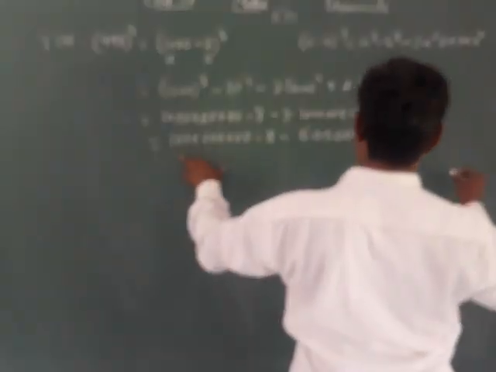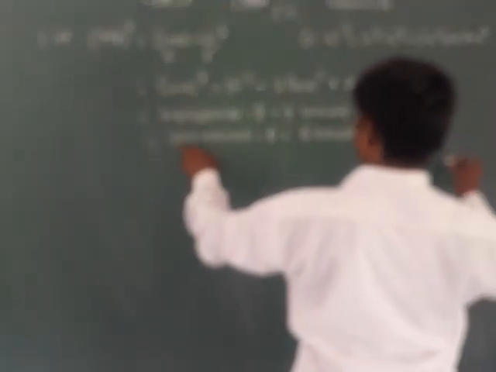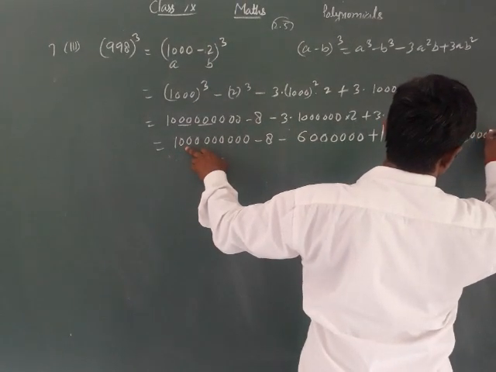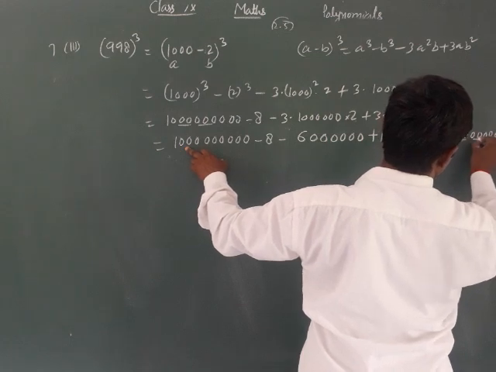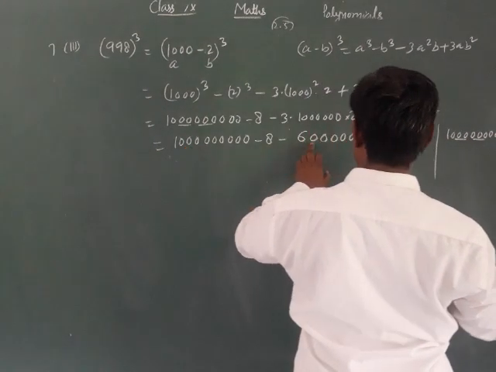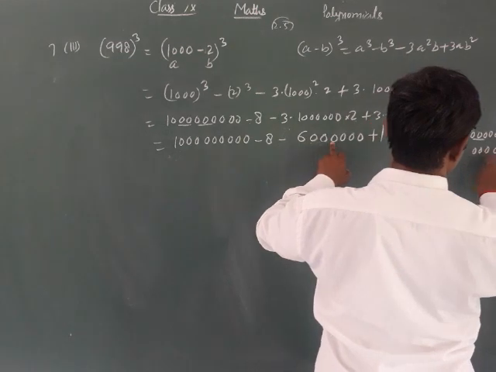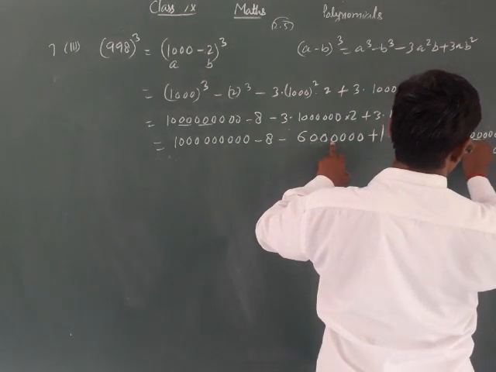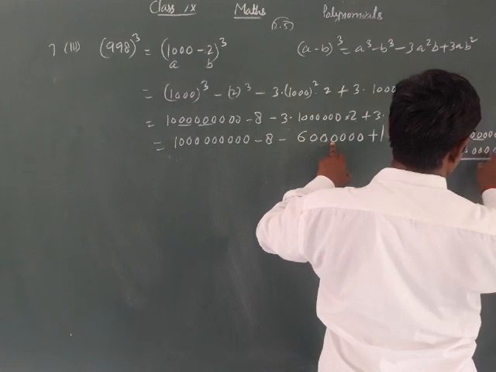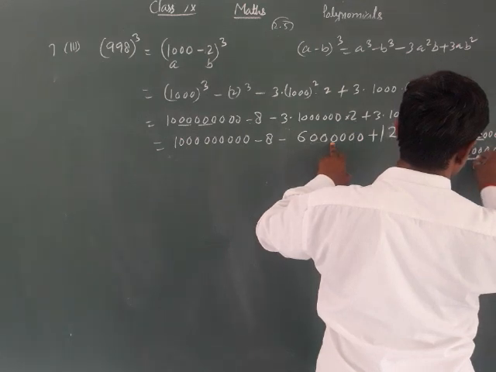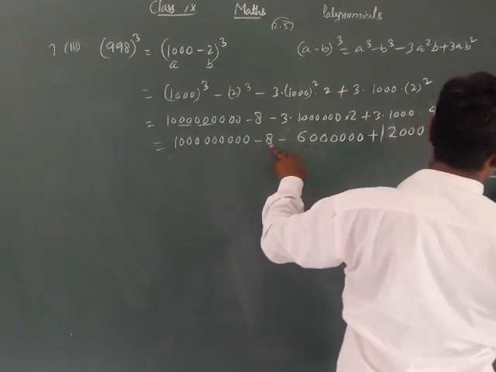So 1,000,000,000 minus 6,000,000 is 994,000,000, then plus 12,000, and minus 8.